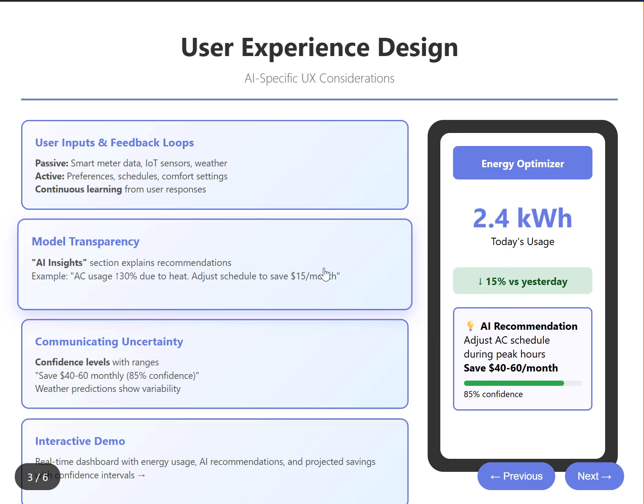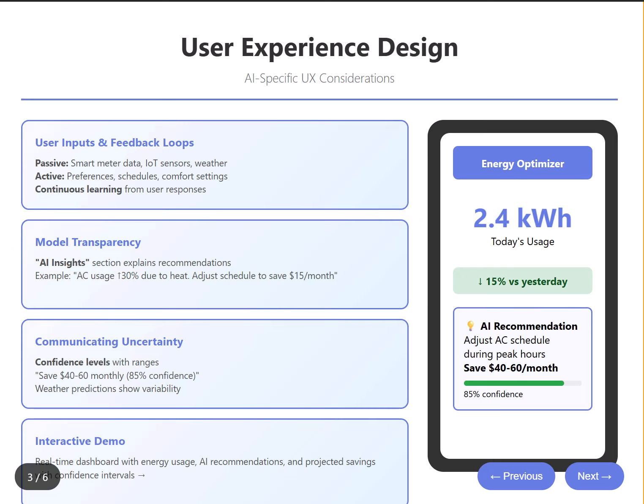Model transparency: users can access an AI insights section explaining how recommendations are generated. For example, your AC usage increased 30% this week due to higher temperatures. The AI recommends adjusting your schedule to save $15 monthly.